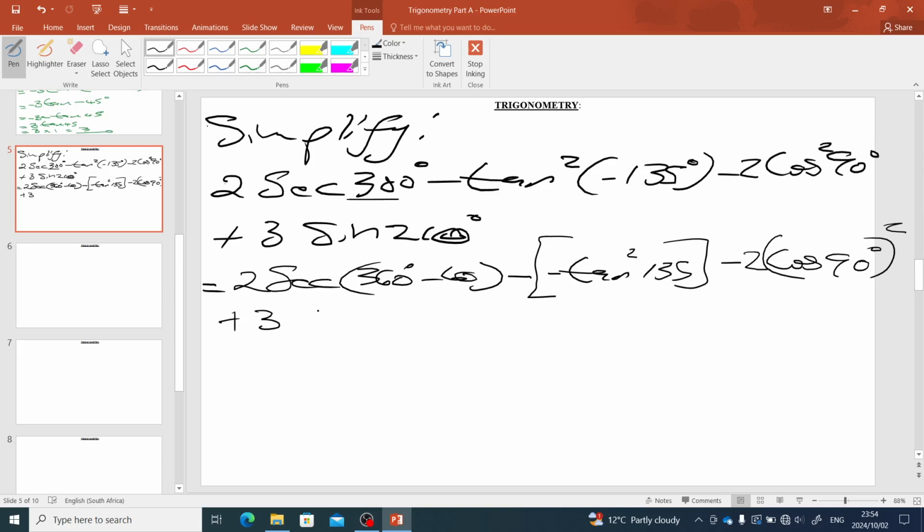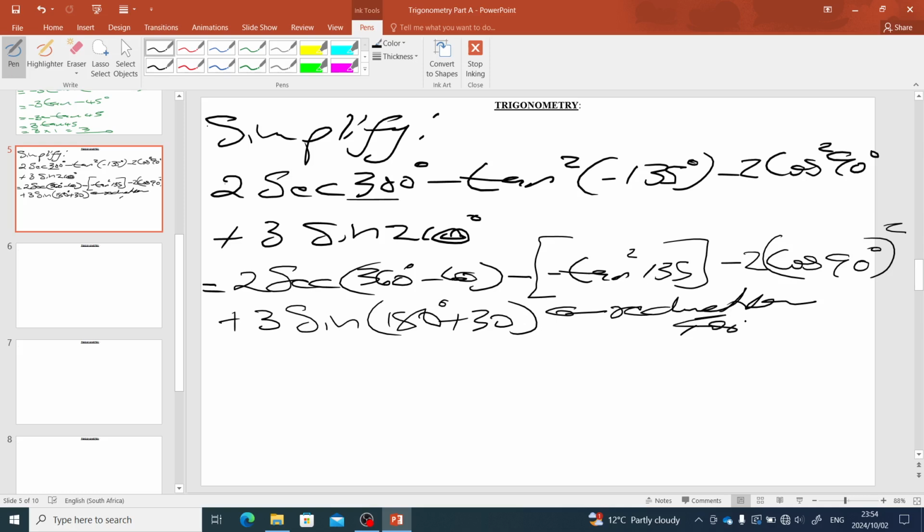The third one is 3 sine, open bracket, 180 degrees plus 30, because when you add 30 to 180, it will give you 210. That's what we have. We have used reduction formulas.